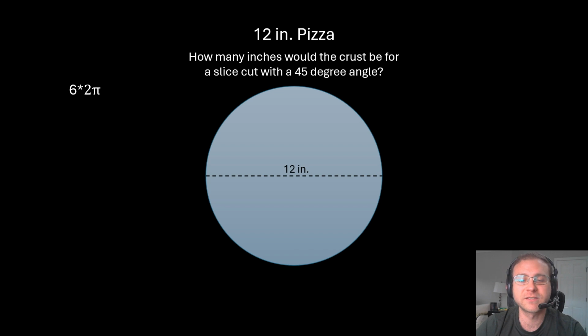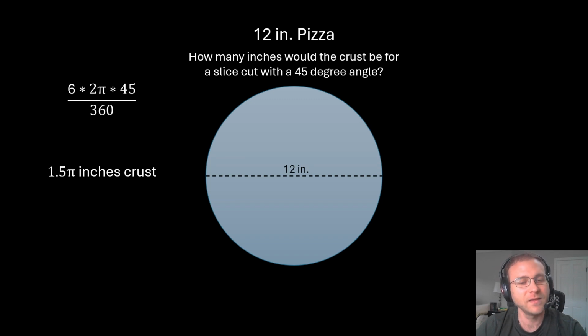First, you would calculate the circumference, 6 times 2 times pi, then multiply by 45 over 360 to get a crust length of 1.5 times pi inches. For the purpose of calculating the crust size using a specific angle slice, if you know the radius, then it's easier to calculate using radians.